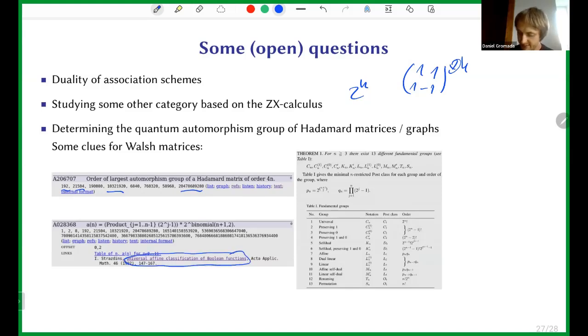And this sequence appears in this article, and this is a sequence of orders of some groups of exactly this affine self-dual group. So maybe this affine self-dual group is the automorphism group of Hadamard matrices. Would make sense, I guess, but I'm not sure. I'm not fully understanding this article. But I think this would also be interesting to study.